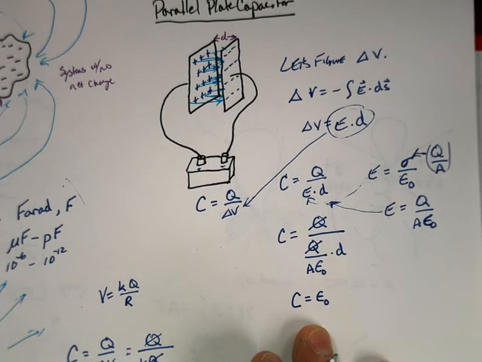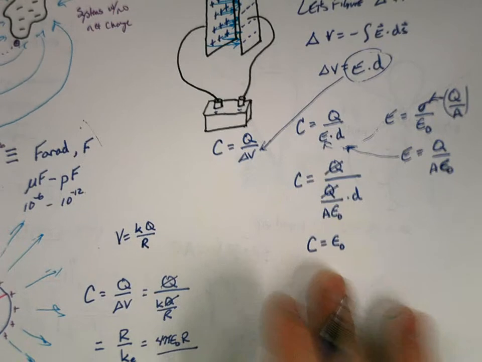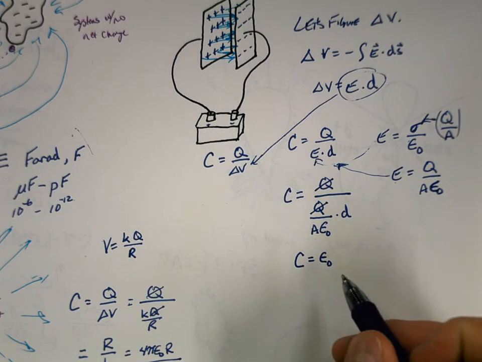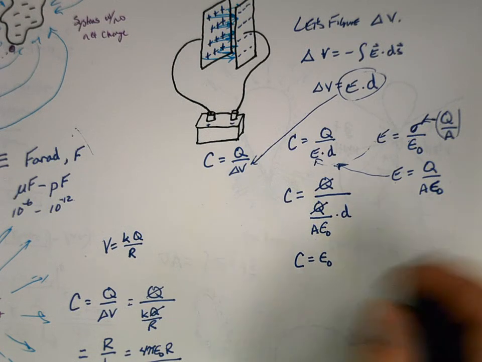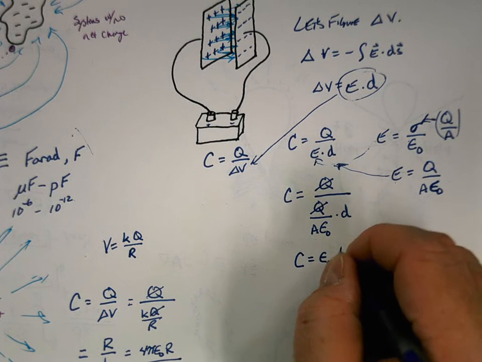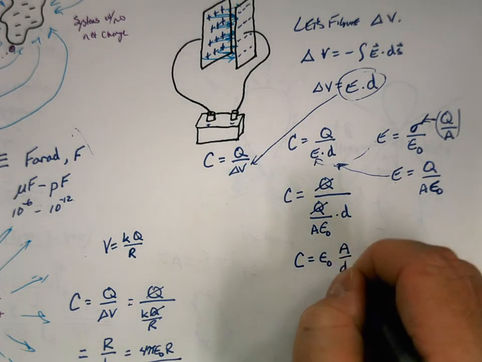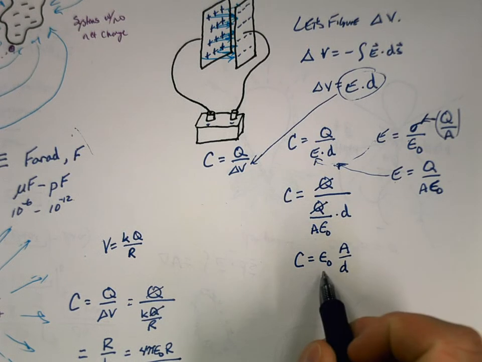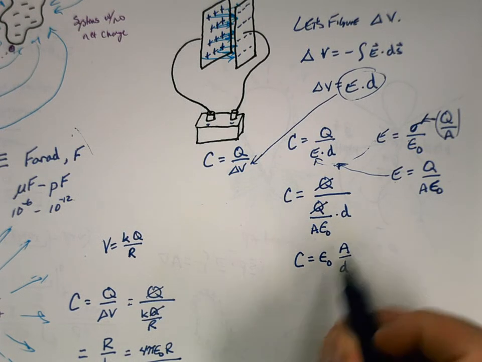Do you remember what that was? It was the ability for charge to travel across a vacuum. Times A over D. And all of a sudden, a fundamental constant and essential geometry.